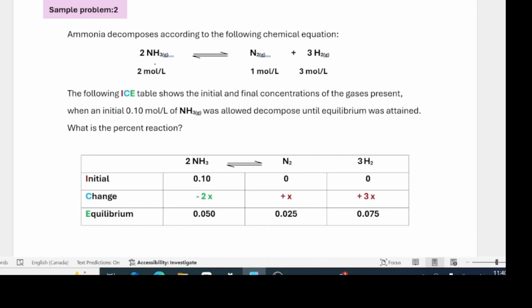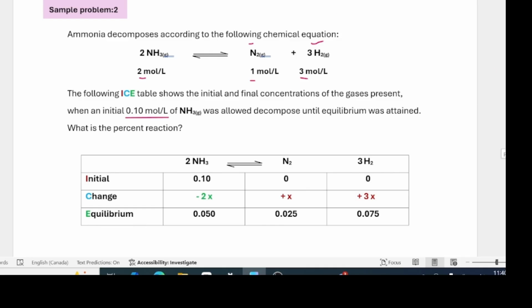In this reaction, ammonia is decomposing to give nitrogen and hydrogen according to this mole ratio here, 2 moles per liter to give you 1 mole per liter and 3 moles per liter. You are required to find the percentage yield if you started off with that concentration of ammonia and you allow it to sit until equilibrium has been established.